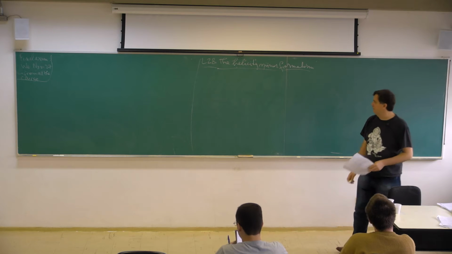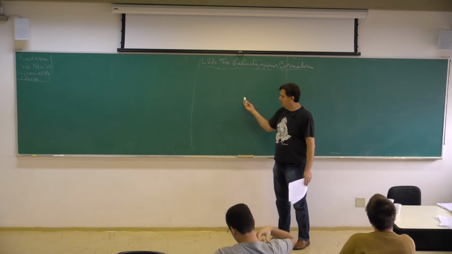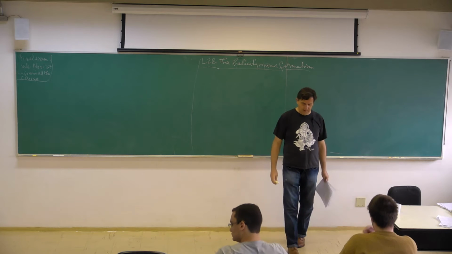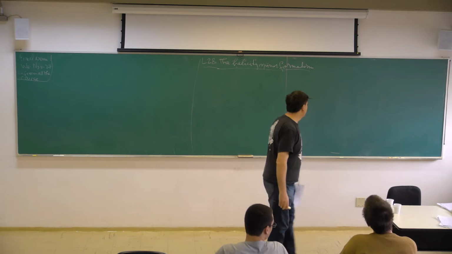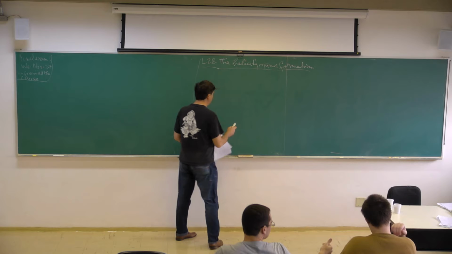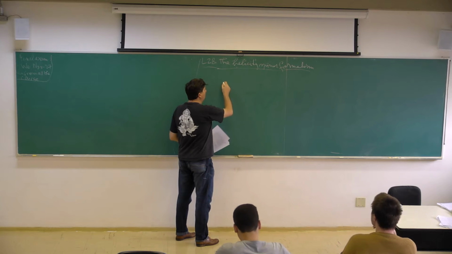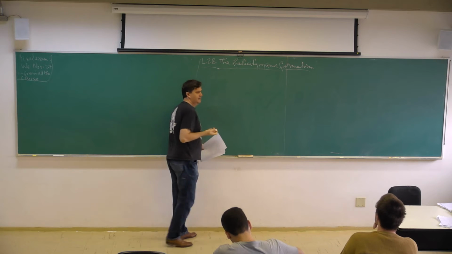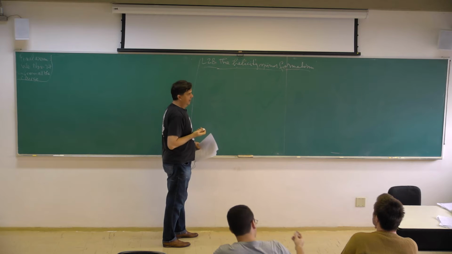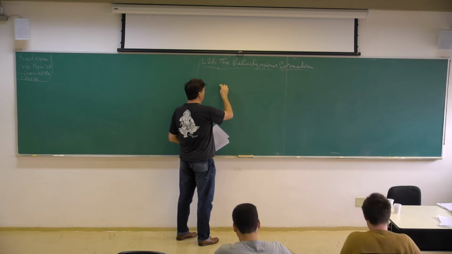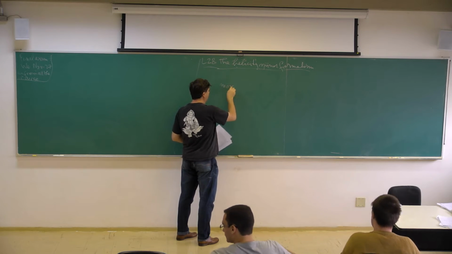So one tries to calculate things for specific helicities, and it turns out that the one amplitude that is easiest to calculate is the one that is called maximally helicity violating.